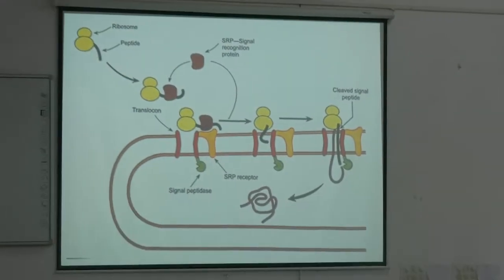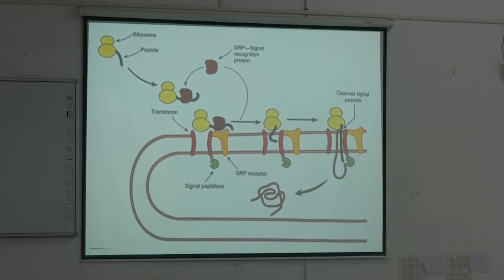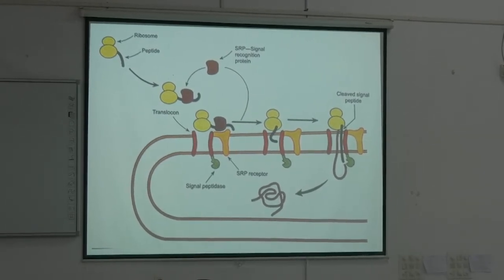This is the very important part. This is your ribosome, and this is the signal peptide. The signal peptide along with the ribosome is recognized by SRP, the signal recognition particle.